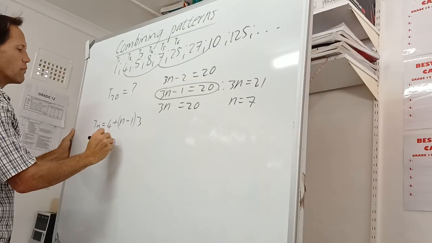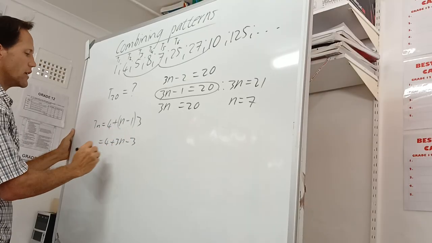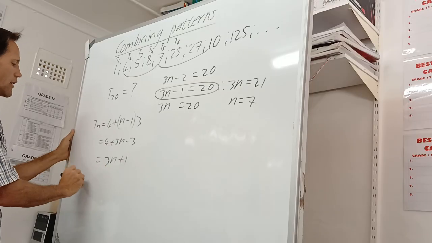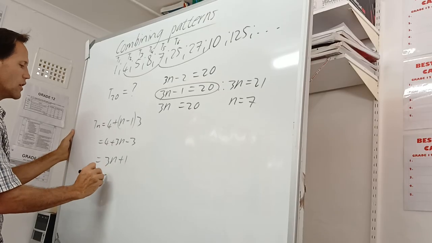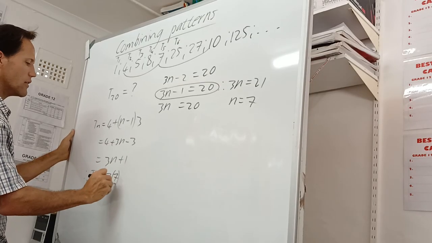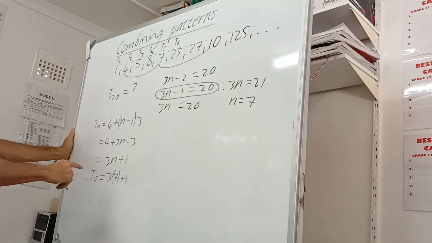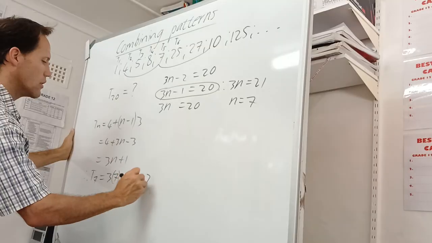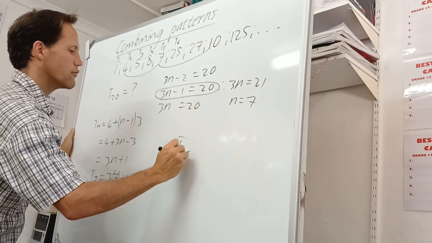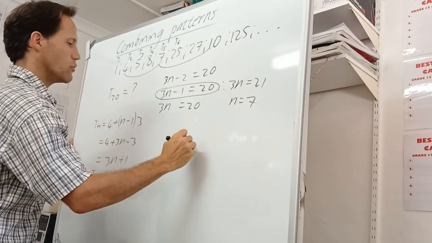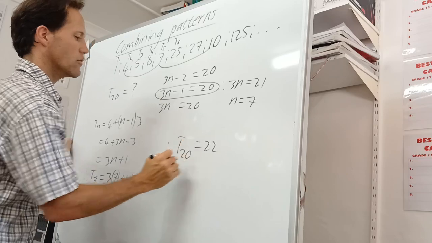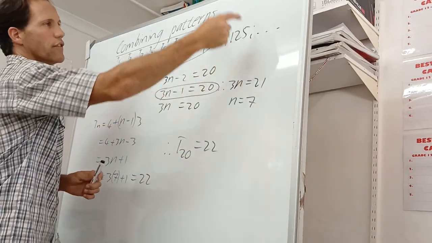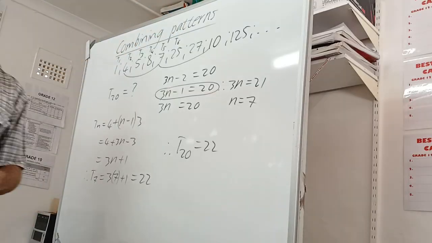And that gives you 4 plus 3n minus 3, which will be 3n plus 1. And therefore, term 7 would be 3 times 7 plus 1. Then that gives you 21 plus 1 is 22. And therefore, term 20 for the whole pattern would be equal to 22. Okay. 4, 7, 10, 13, 16, 19, 22.